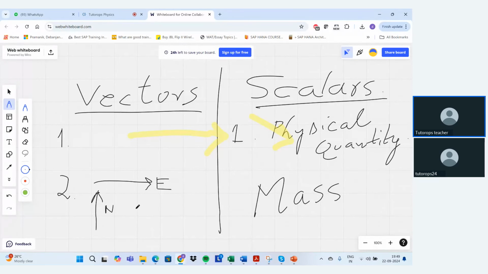Because we will specify, for example, a person running 50 meters per minute. If it is 50 meters per minute, we have to specify towards east for this example, or towards north, because this has a direction.